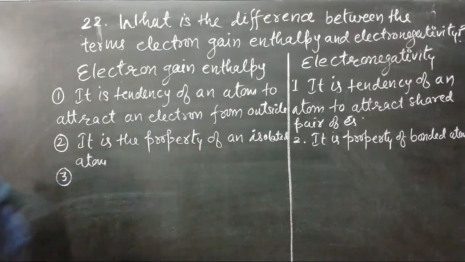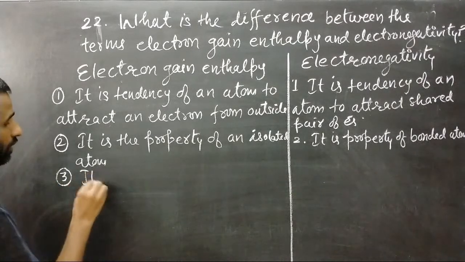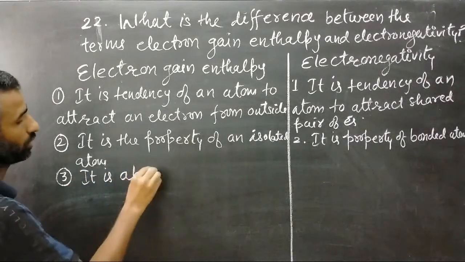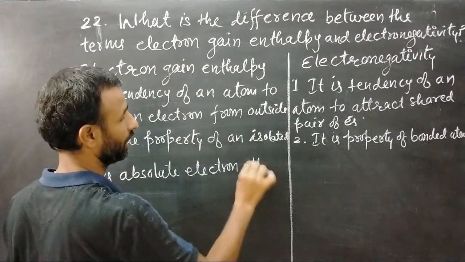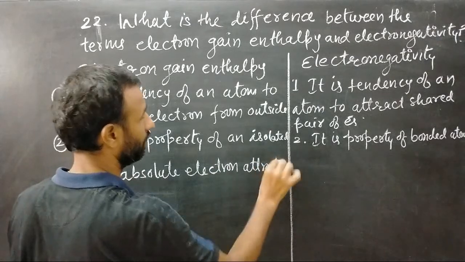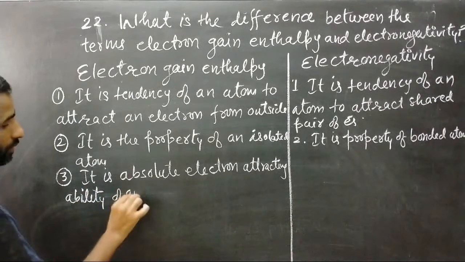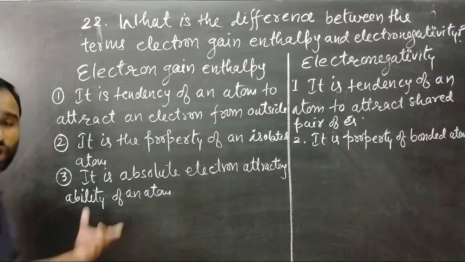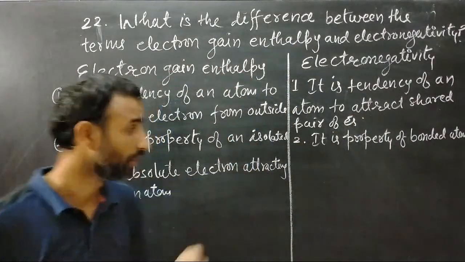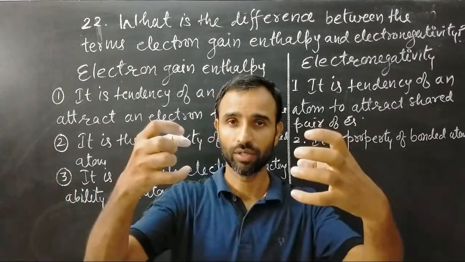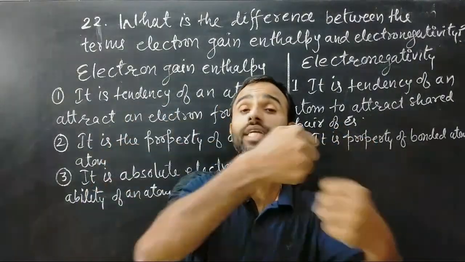And third, electron gain enthalpy is the absolute electron attracting ability of an atom. It is absolute because the electron comes from outside and is added to the atom. But here atoms are bonded, so it attracts the electron while it is bonded to the other atom. So it is a relative tendency.